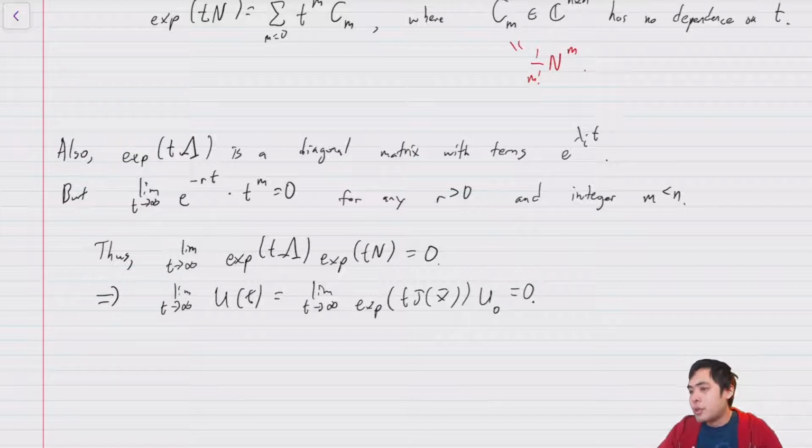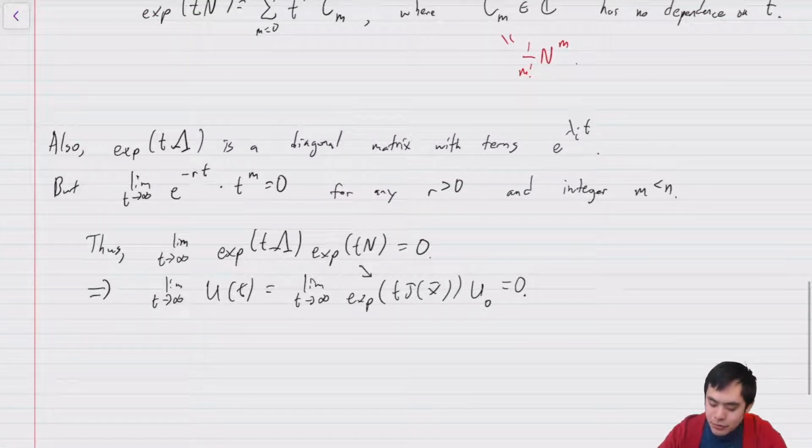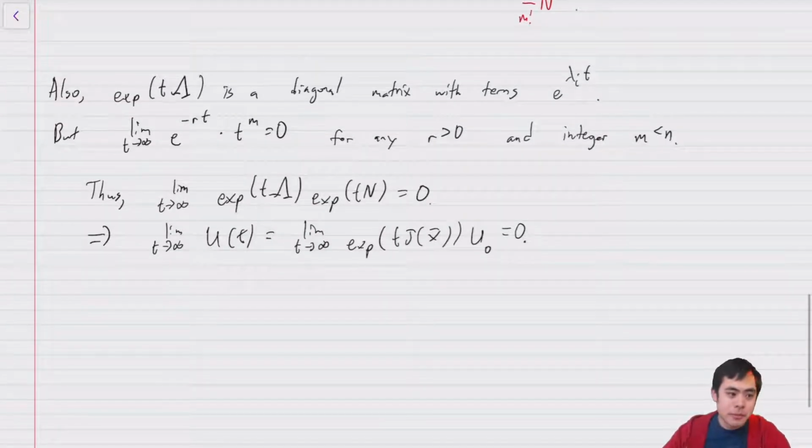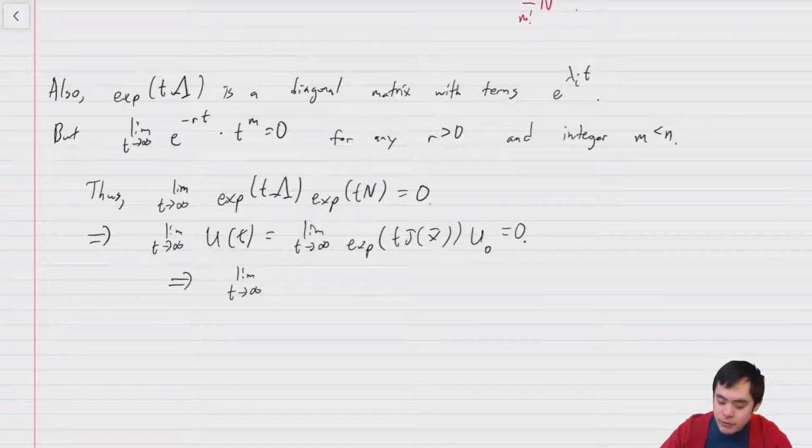Note that, of course, in order to get from here to here, you have to multiply by p and p inverse, but that doesn't actually change anything since it has no t dependence, and so it still goes to 0. And of course, substituting things in, this implies that the limit as t goes to infinity of x of t is equal to x bar.